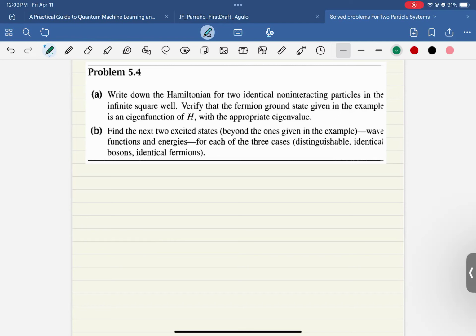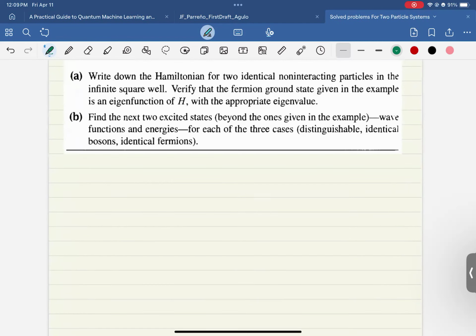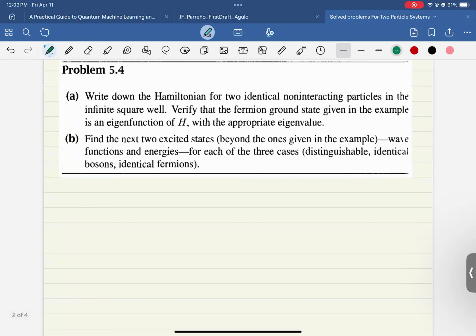Now before we tackle that, review muna tayo ng konti sa pinag-aralan din natin last time. Let's start the review with this problem 5.4.